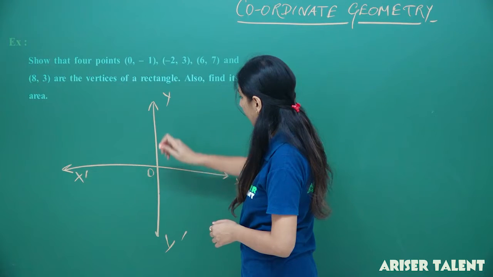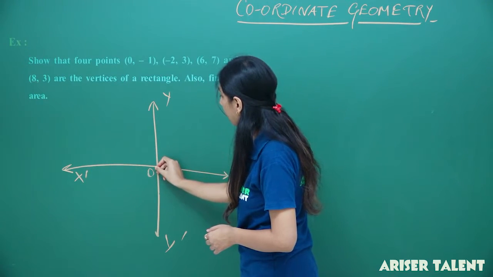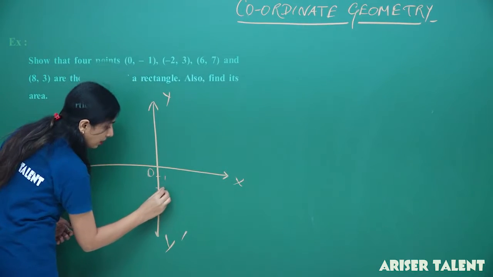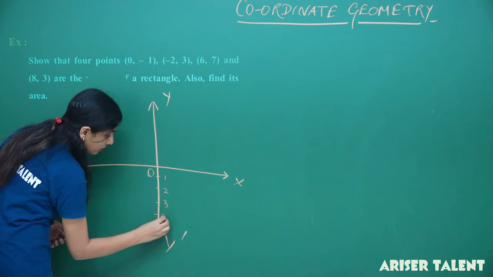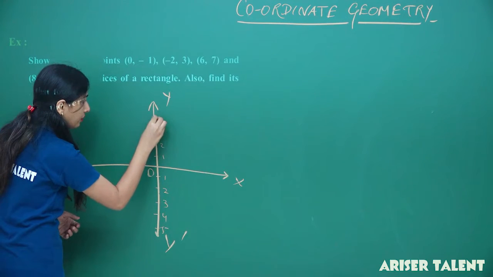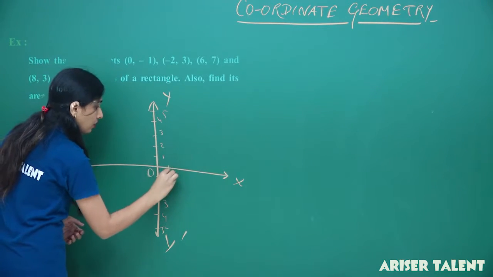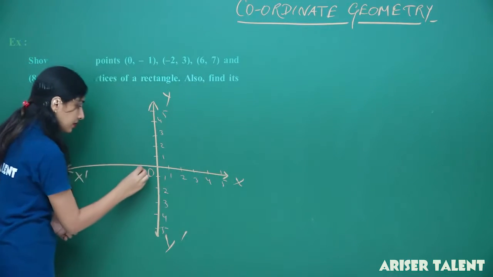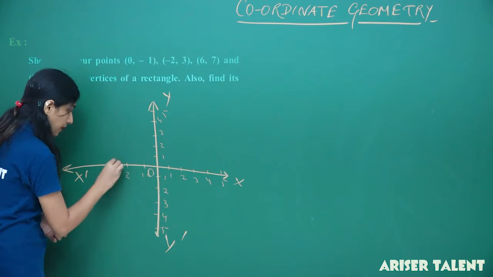So x is 0 and y is -1. You can just mark it like this also. And 1, 2, 3, 4, 5, 1, 2, 3, 4, 5, to give you a basic idea.